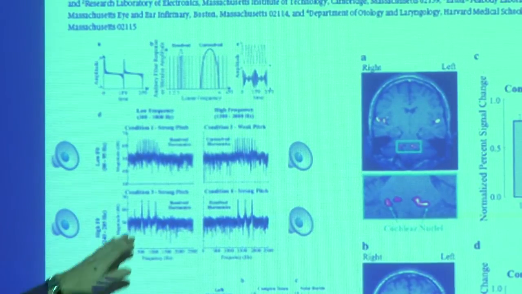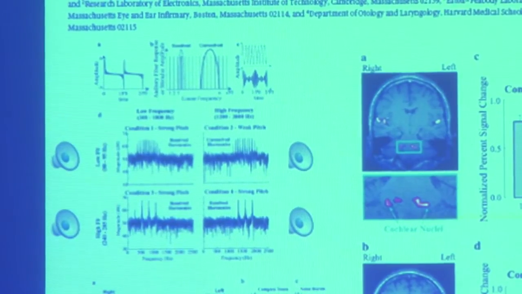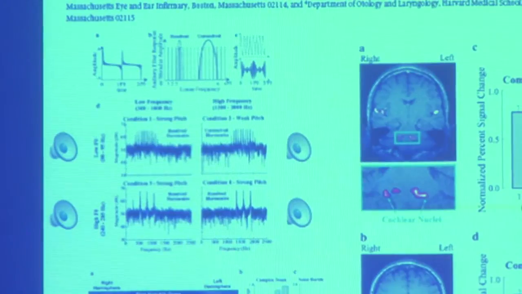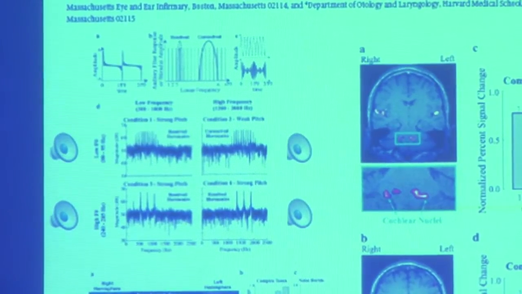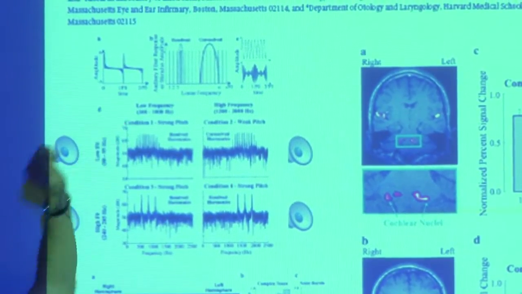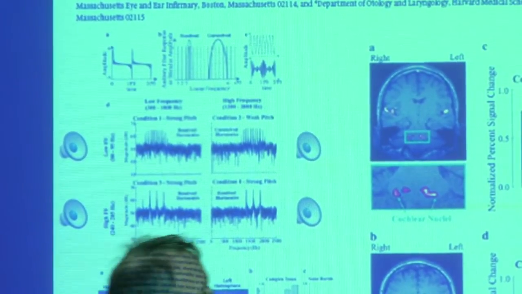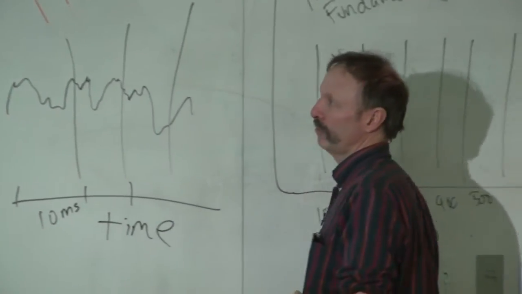Okay, so they have 3 stimuli that give you a strong sensation of pitch and one that has a very weak sensation of pitch because of the clever way they filtered it. And a further cleverness is that all of these stimuli have the same regularity in terms of their temporal waveform.